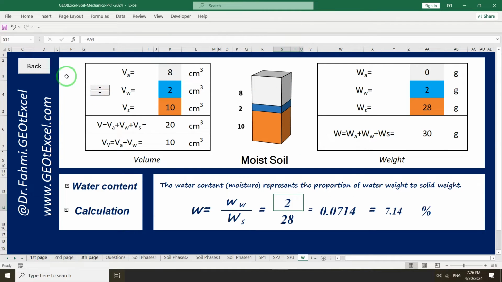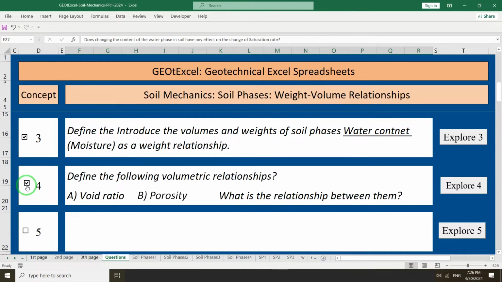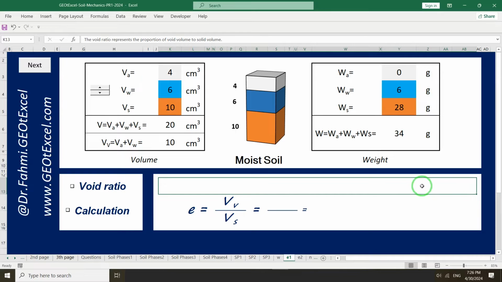Concept 4. Define the following volumetric relationships: void ratio, porosity. What is the relationship between them? Explore 4. Void ratio.